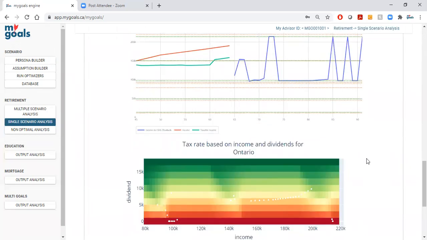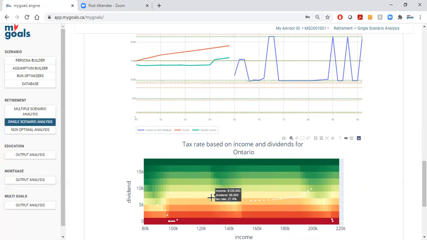The last graph I'm going to spend a little bit of time on, again, this individual from Ontario, and knowing that Ontario has very generous dividend tax credits, this would drive how to optimize during the contribution phase as well, and that would help drive the withdrawal phase. But interesting to note that even at an income of about 128,000, you can follow that just adding 6,000 of eligible dividend income, his tax rate is 27.5.